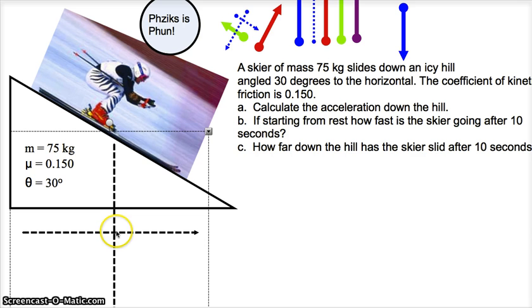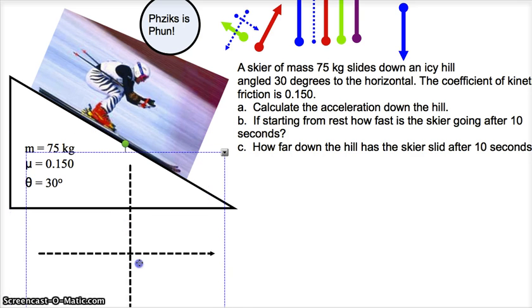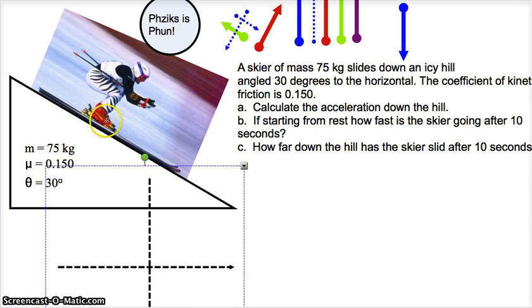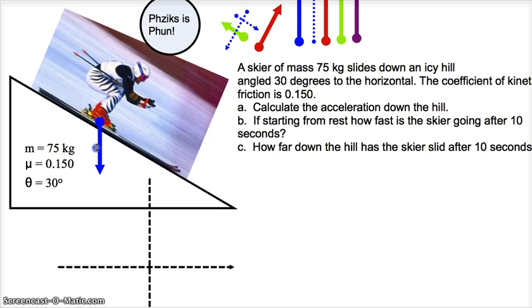If we take a look at our free body diagram and think about how the ramp would be working with the skier here, we realize that the force of gravity always still pulls straight down towards the center of the earth. The ramp can only push perpendicular to itself. So if we put some labels in here, this is our force of gravity.